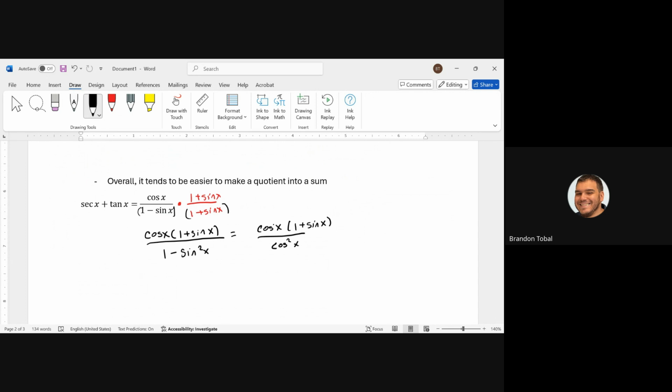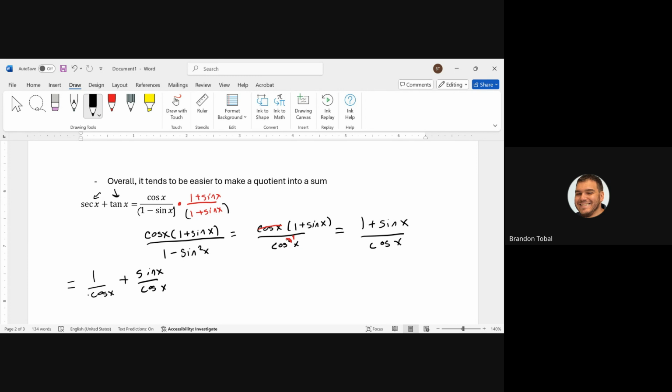Because I have a cosine on top and a cosine squared on bottom, I could cancel out the cosine on top and reduce this to a power of 1. So it's going to become 1 plus sine x over cos x. Remember, what I'm looking for is two things being added to each other. So I'm going to split this as 1 over cos x plus sine x over cos x.